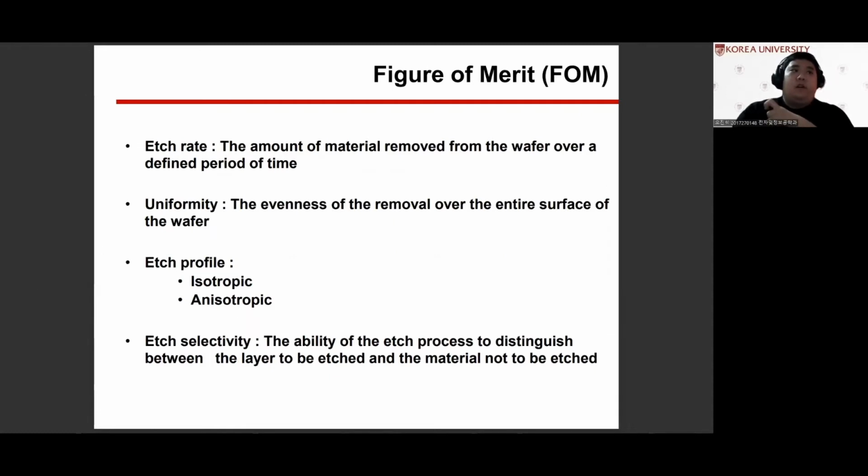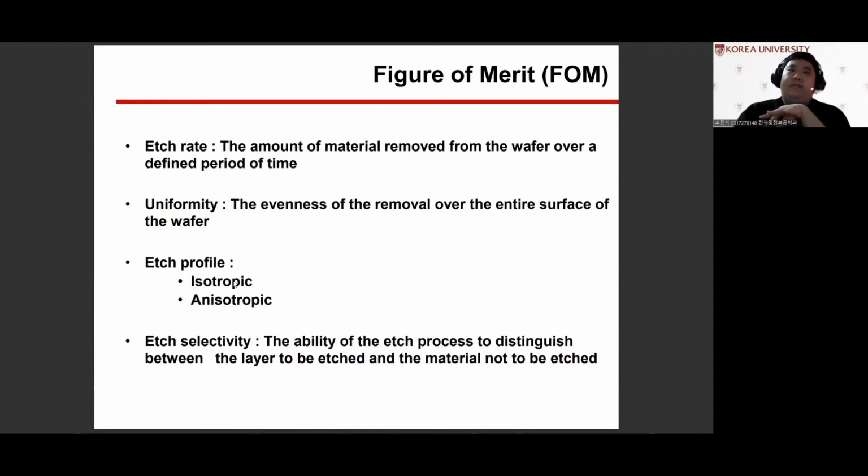There are some figures of merit for the etching process. First, etch rate is the speed, how much etching is done. Second, uniformity means how even the etching process is done. Next, etch profile.